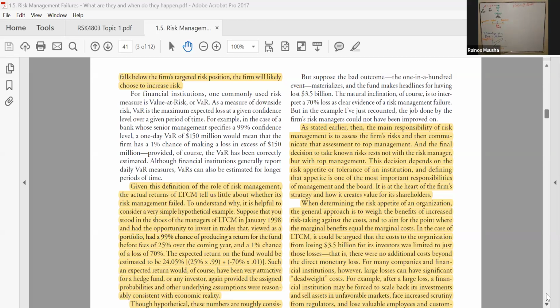Which means defining the risk appetite of the organization and the amount of risk that the organization should take is not the responsibility of the risk manager, it's the responsibility of the top management and the board. So here they say, it is at the heart of the firm's strategy and how it creates value for its shareholders.